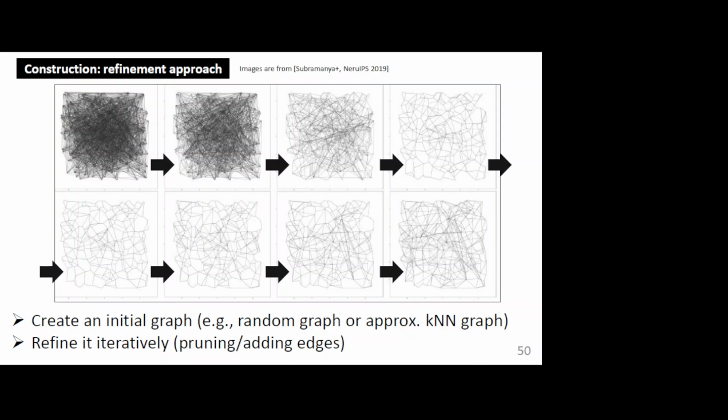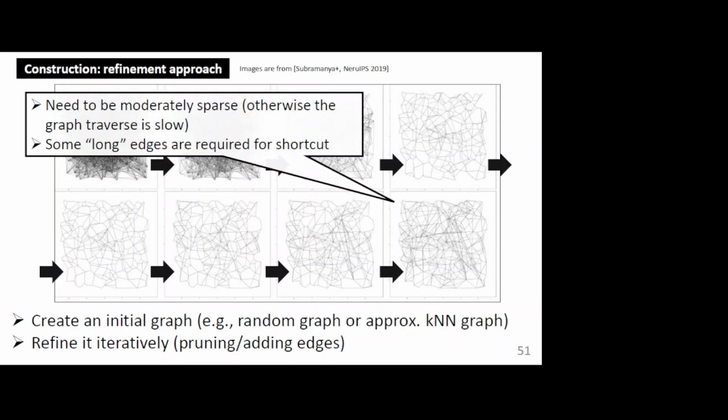Here you can see it's getting sparse. Every step will get sparser. But sometimes you will also add some additional edges. So finally it's fine-tuned like this. You will refine the graph by pruning edges, and finally generate a graph that's not too dense, but also not too sparse.